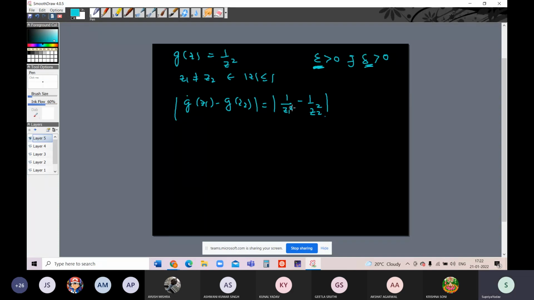This can be written as mod of z2 square minus z1 square in the numerator, over mod z1 square z2 square in the denominator. Again this can also be written as z2 minus z1 and z2 plus z1.